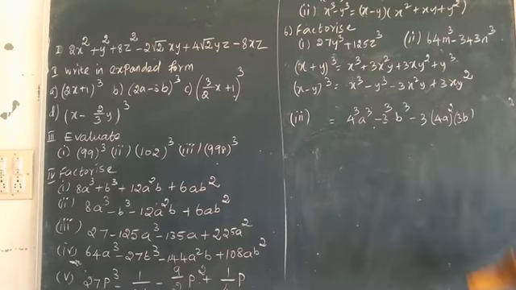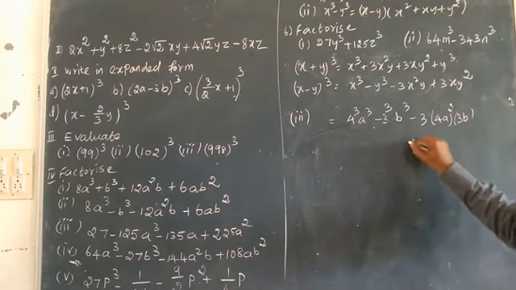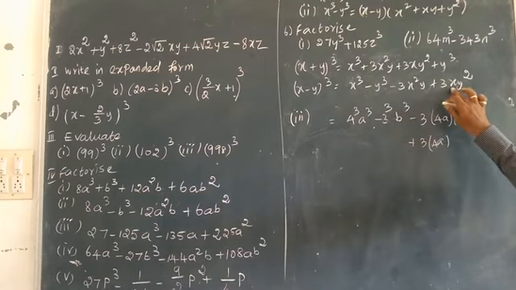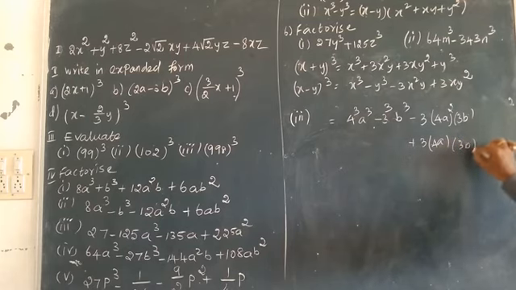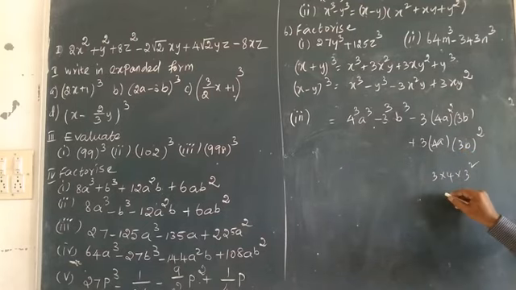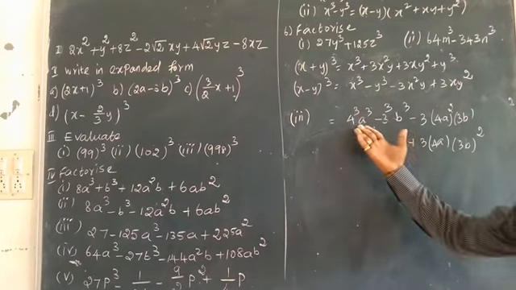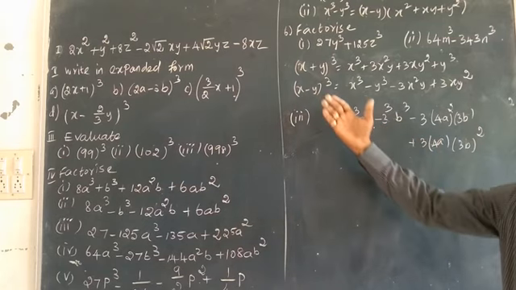Next, plus 3 into 4a, that is x into y squared, 3b the whole square. Now check. 3 into 4 into 3 squared. So 3 into 3 squared, 3 power 3, so 27 into 4, 108 is there.